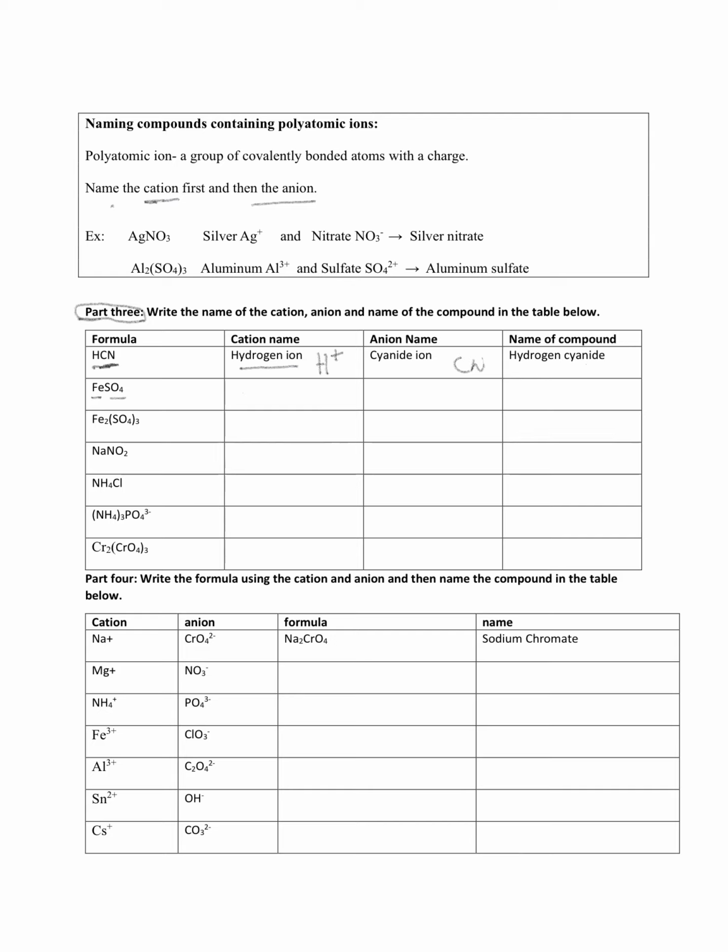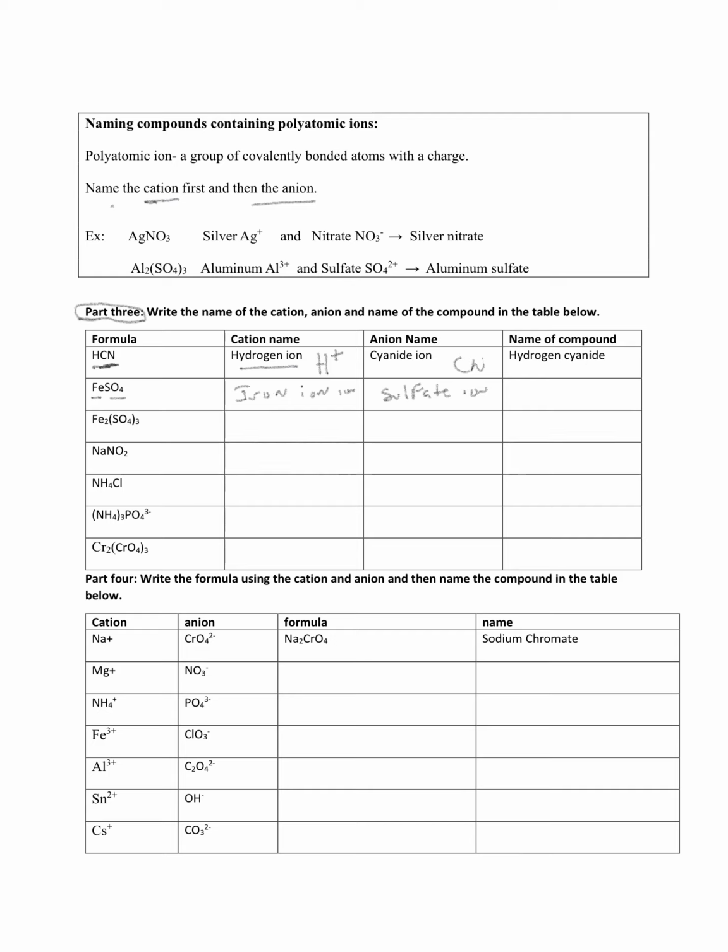So the first one is iron, so your iron ion, and then you have the sulfate ion. It's a polyatomic ion, but it's still an ion. We're going to treat that group of atoms bonded together covalently as if it was an individual ion.